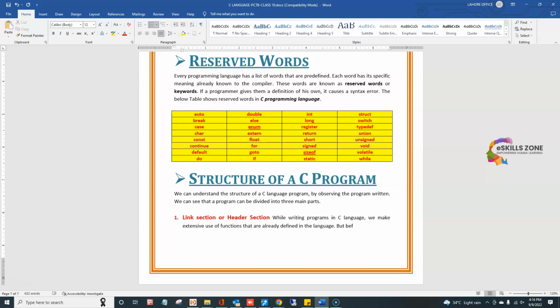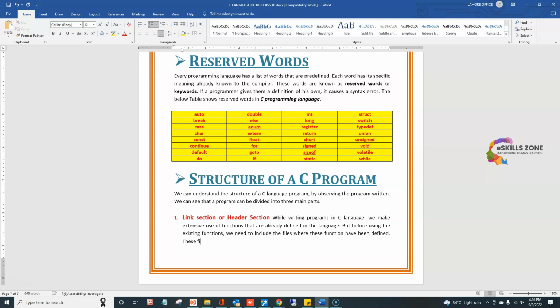But before using the existing functions, we need to include the files where these functions have been defined. These are actually defined by the developers of C language.